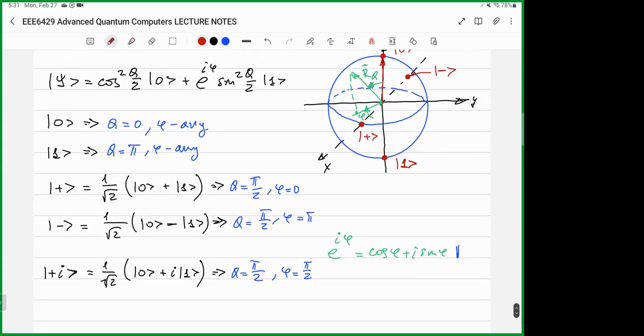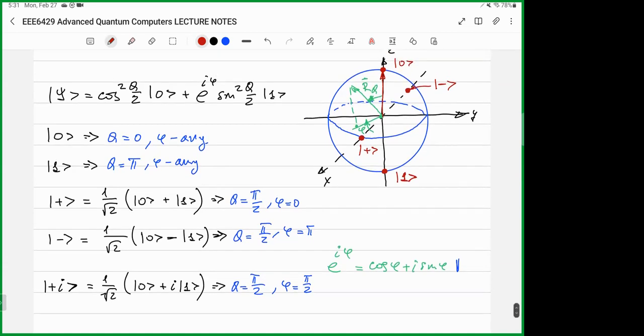So where is this point? Theta equals pi over 2, so it's again in the xy plane, and phi equals pi over 2 is here, this point. So this is the state plus i.